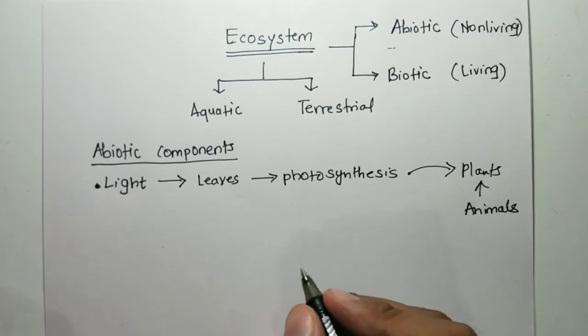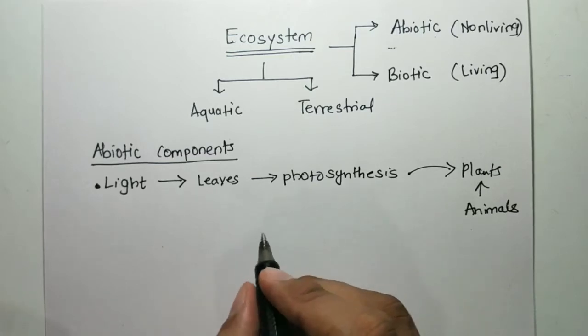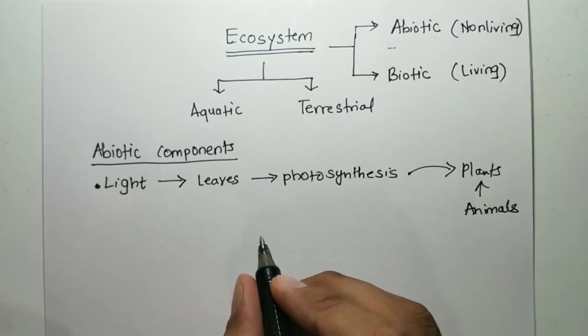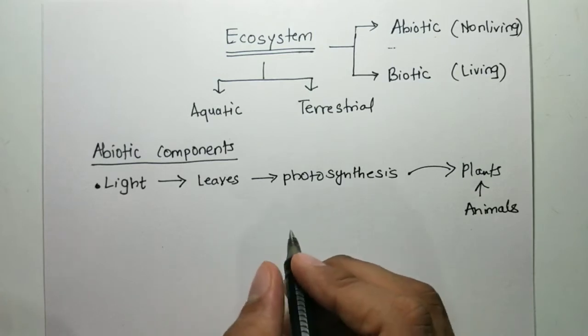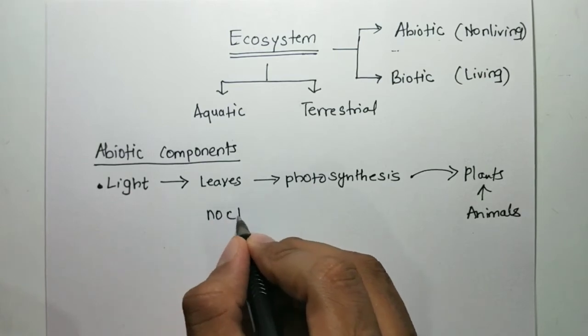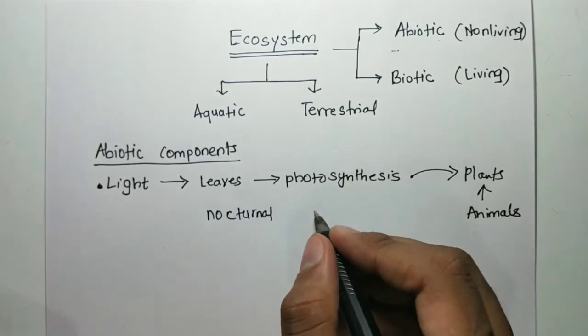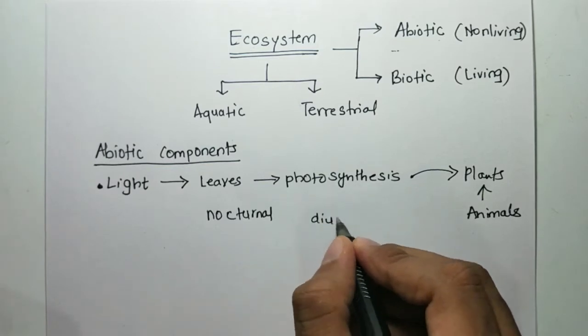Okay, now the animals also need light. There are many animals which come out only at night without sunlight. They are called nocturnal animals. Okay, there are animals which can come in the day or in the night.